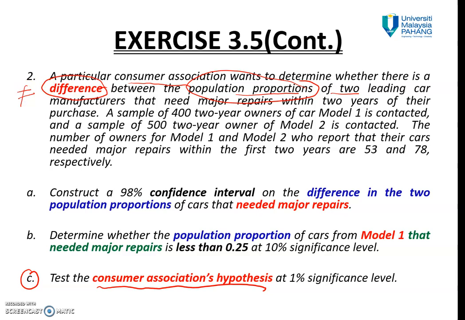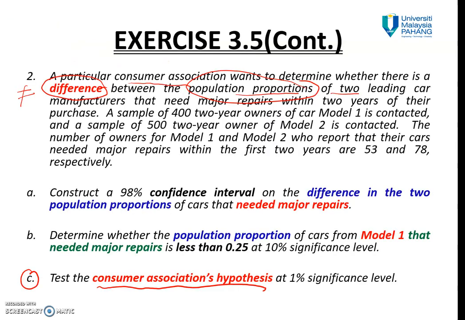As usual, for hypothesis testing with the traditional method, you have 5 steps. Your first step is to write down your H0 and H1. You have model 1 and model 2, and they are asking whether there is a difference or not. So you will have pi 1 minus pi 2 not equal to 0, because they didn't mention how much the difference is, and they didn't mention which one minus which one.